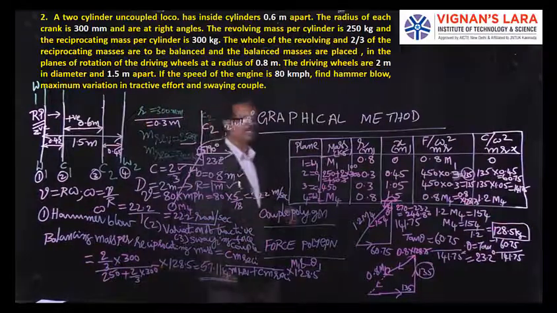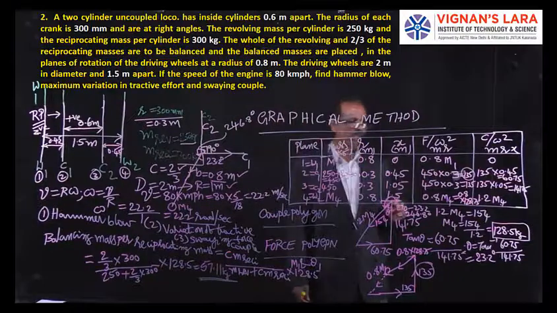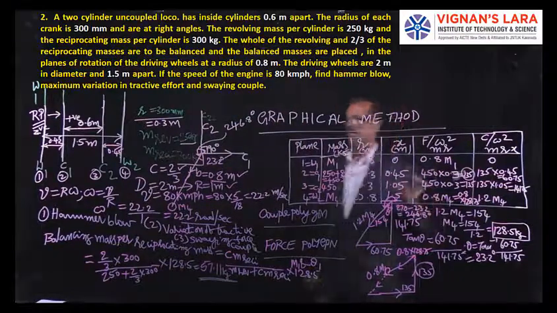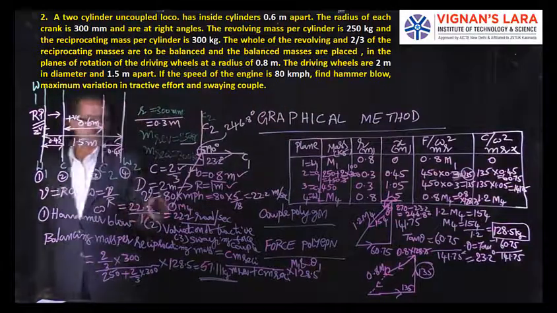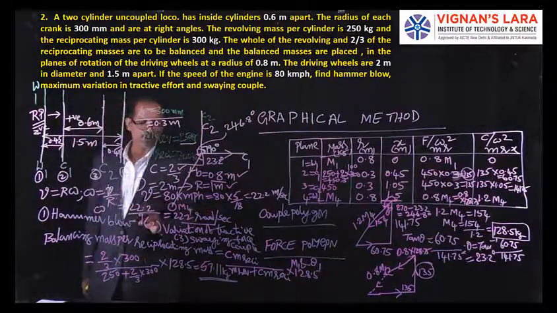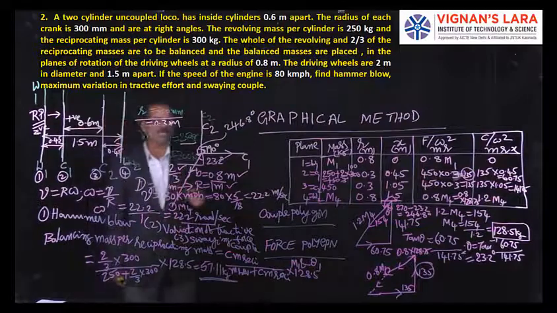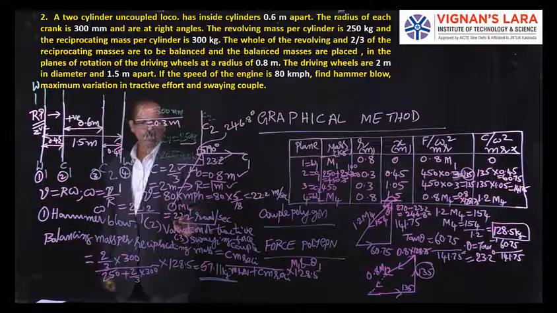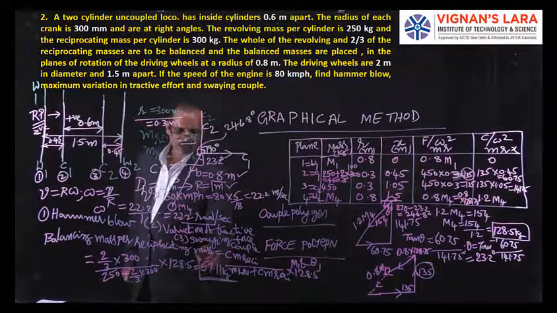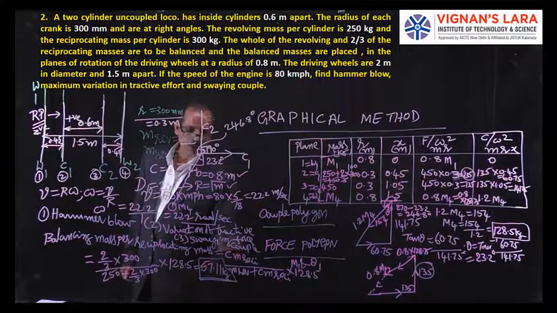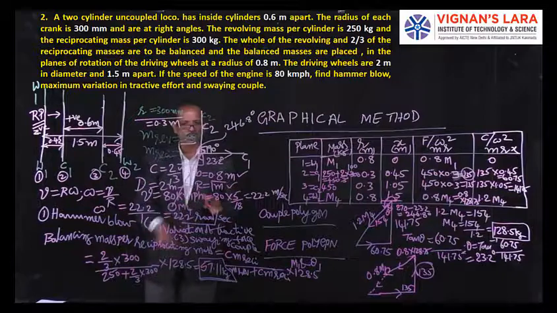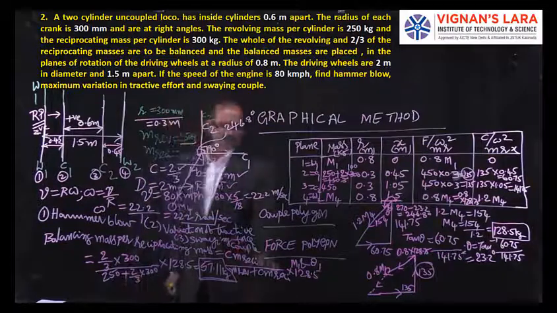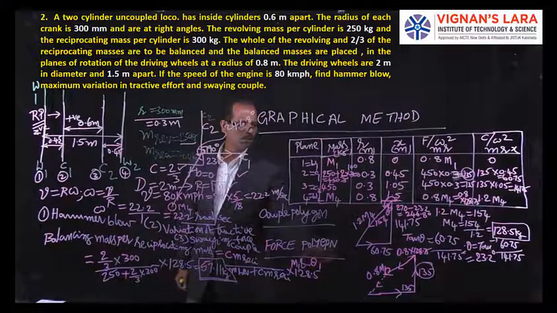57.11 kg will take care of only reciprocating mass balancing, because the effects of hammer blow, variation of tractive force and swaying couple are due to reciprocating masses. So we have to find out the mass required to take care of the reciprocating mass. That is C times M reciprocating by M revolving plus C times M reciprocating into total mass.